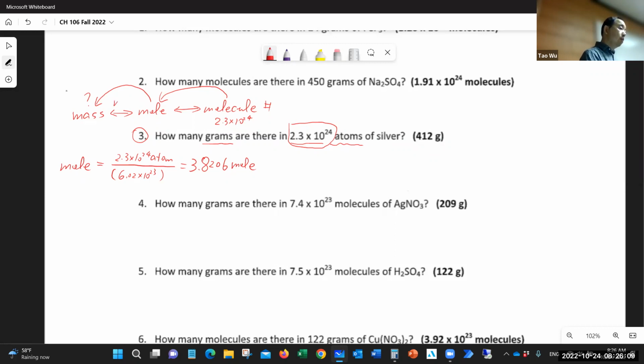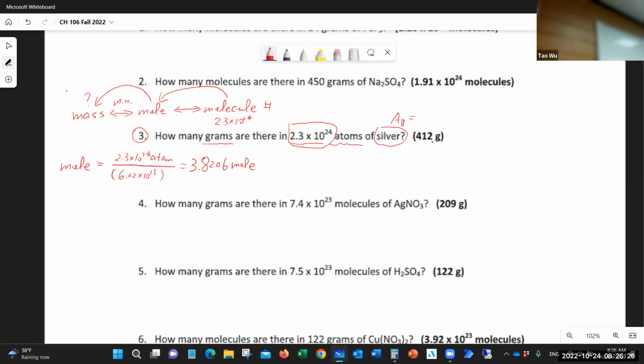If you want to get from the mole to the mass, you need to know the molar mass of this material. Here the material is silver, which is Ag. And the molar mass of silver, you can look at the periodic table.